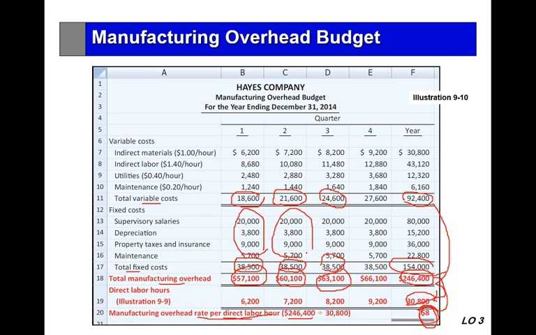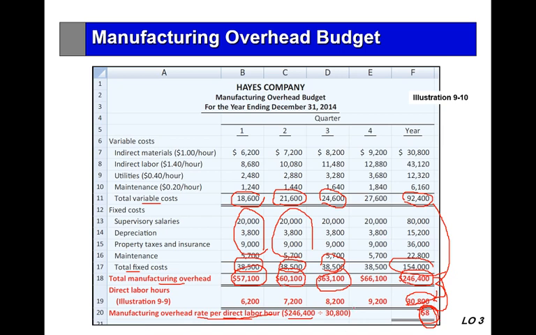We have $5 for fixed cost and the rest, $3, for variable cost. So the application rates are 3 for the variable, 5 for the fixed, and 8 for the total.